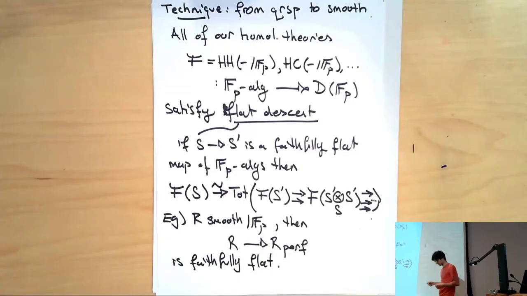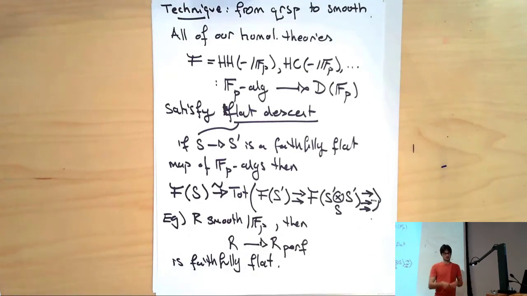So why is that? When you add p-th roots in characteristic p, these are radical extensions. They don't change the spec of your ring. And that will ensure that if we get a flat map, we get a faithfully flat map, because it will automatically be surjective on spec.